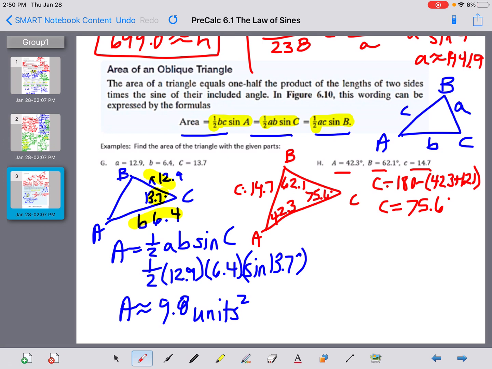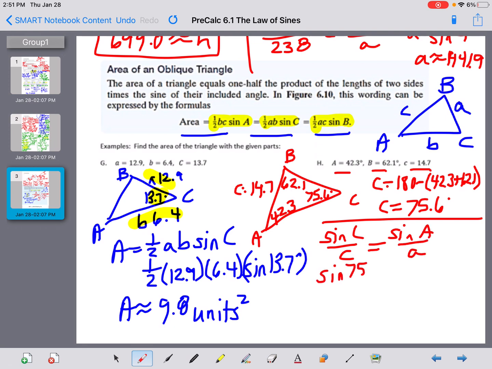Okay, I need one more side to be able to use this area equation. It doesn't matter which side, I just need to solve for one. Because I'm in the habit, I definitely know I have C and c. Remember, you can't use the Pythagorean theorem because it's not a right triangle that we know of. I'm going to go for A and side a. So sine of 75.6 over side 14.7 equals sine of 42.3 over side a, which I don't know.